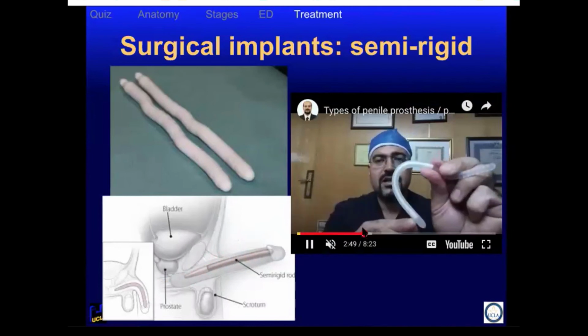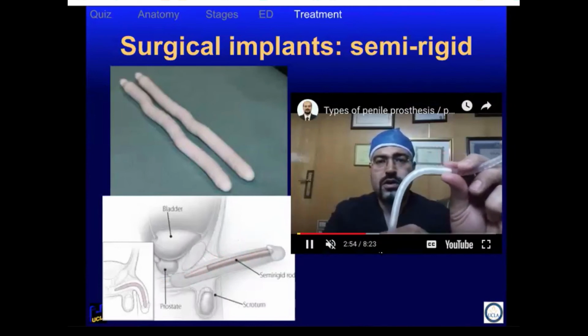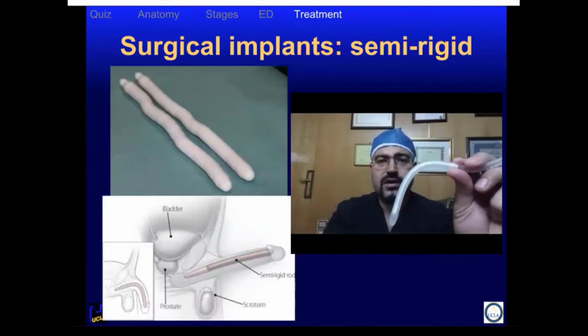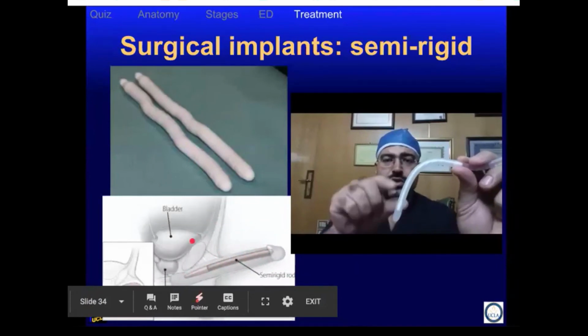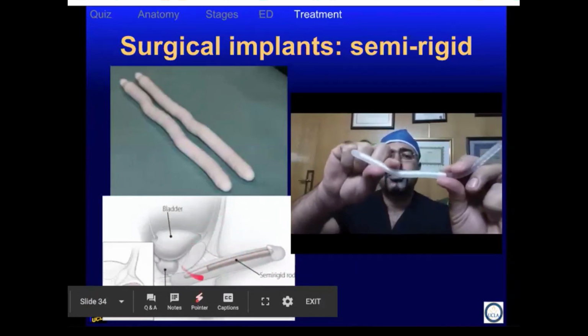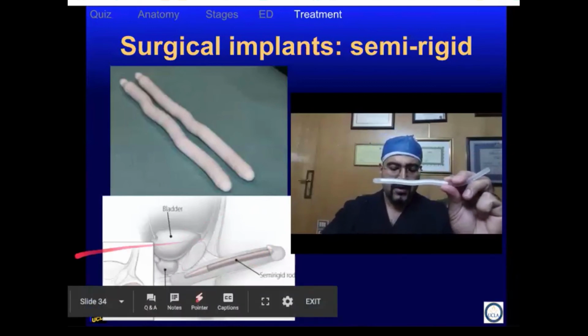So it's semi-rigid, and that's why it's called semi-rigid. Of course, the patients are not going to get the same level of erection and tightness as with the rigid, so this is usually reserved for men who don't have appropriate manual dexterity to use the pump.